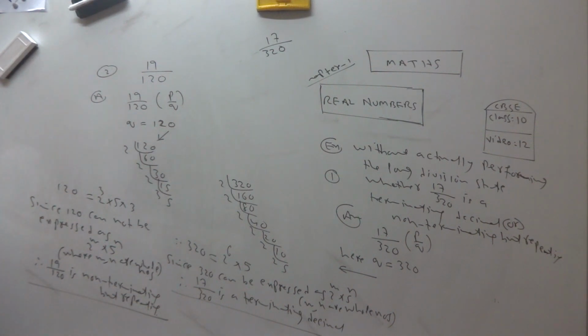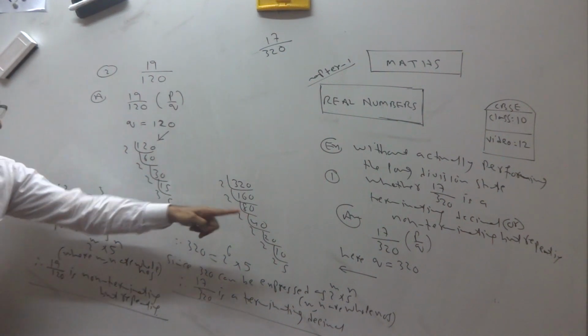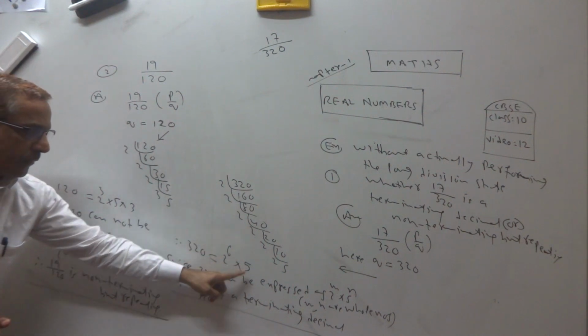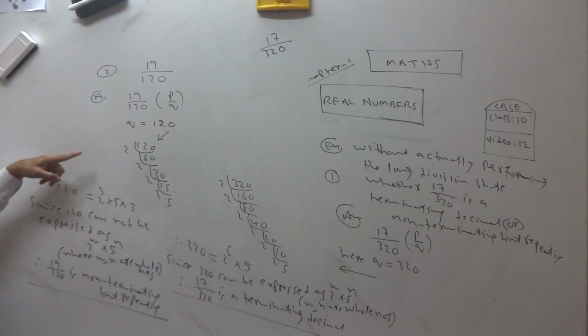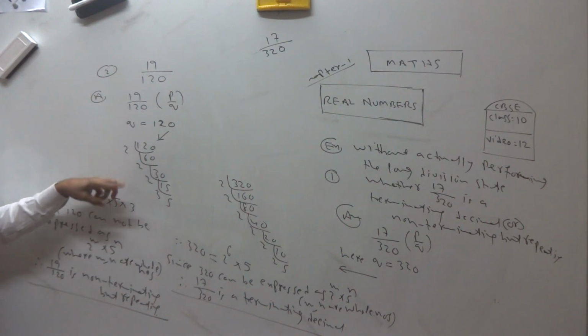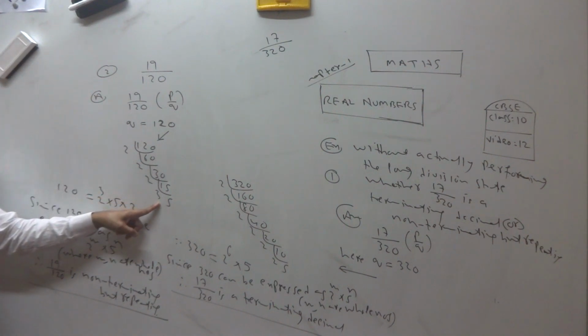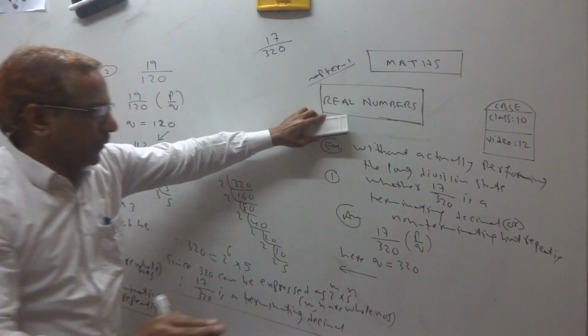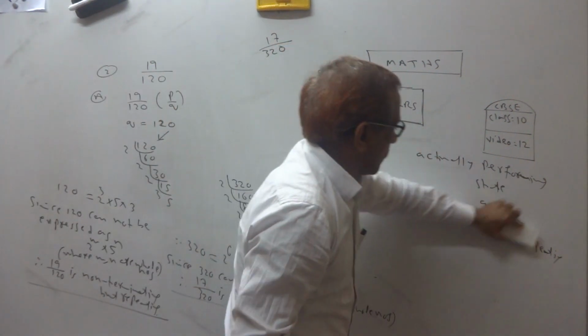Yes. So we did 2 types of questions. If the denominator's factors are only 2 and 5, terminating. If its factors are other than 2 and 5, any other number comes, non-terminating. Is it clear? Now I am giving 2 questions for practice.